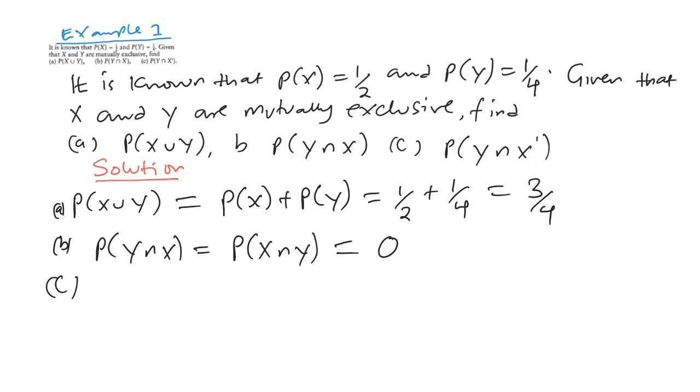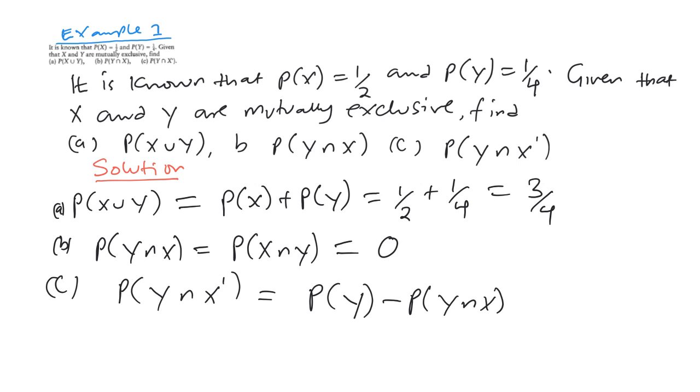C, the probability of Y intersection X complement. Y intersection X complement is Y only. So this is the probability of Y minus the probability of Y intersection X. Let me remind you about intersecting events so you can see what I'm talking about.